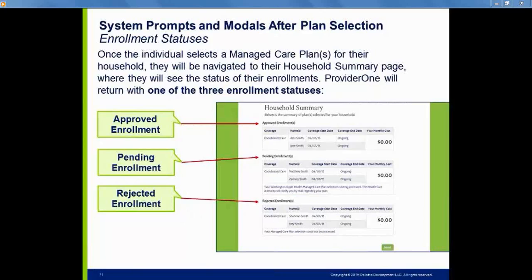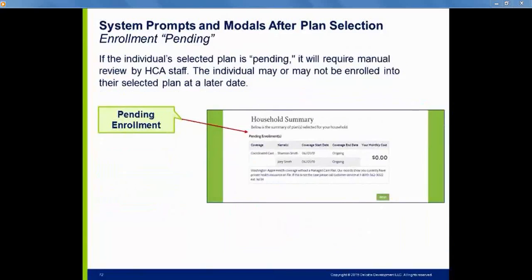In this screenshot, the household has received all different enrollment statuses for individuals within the household. If the individual selected plan is approved, the individual will be enrolled by Provider 1 overnight and no further action is needed. On the next slides, we'll go into detail regarding pending and rejected enrollments.